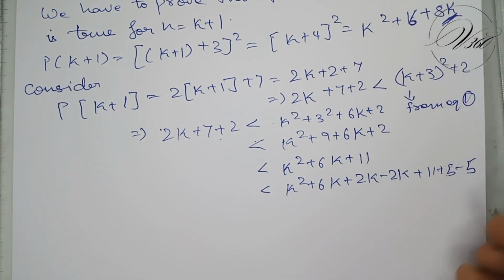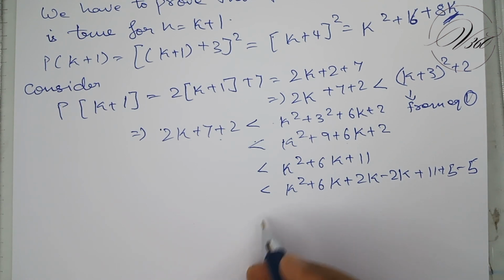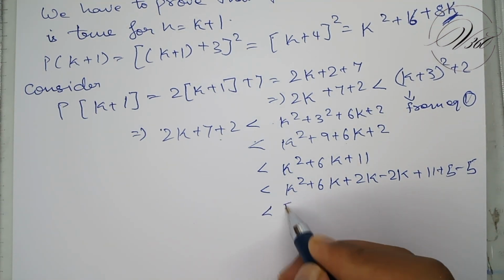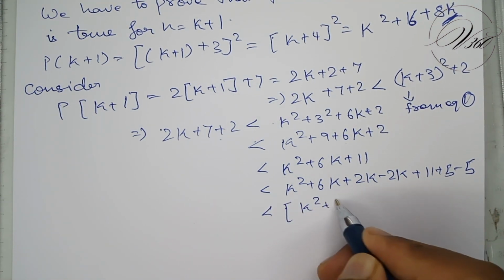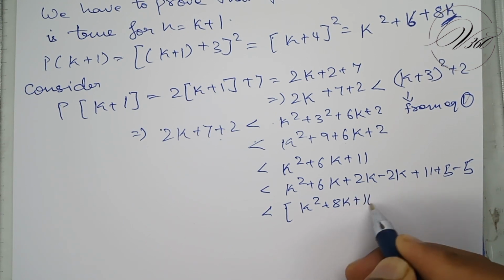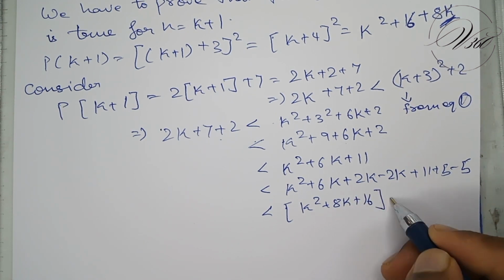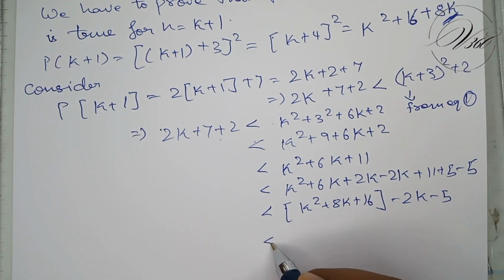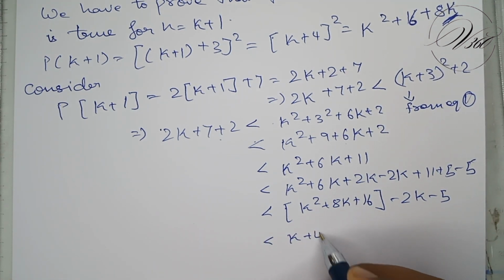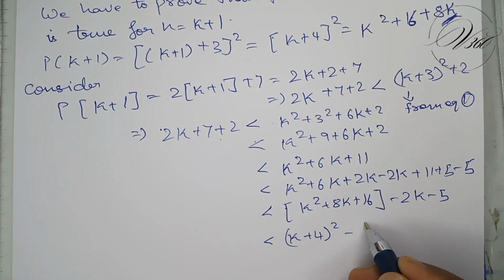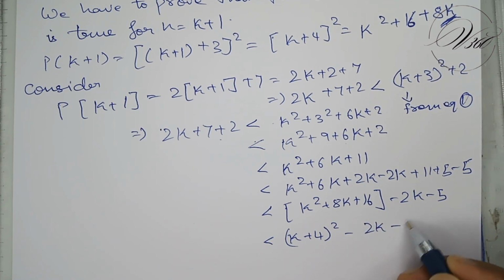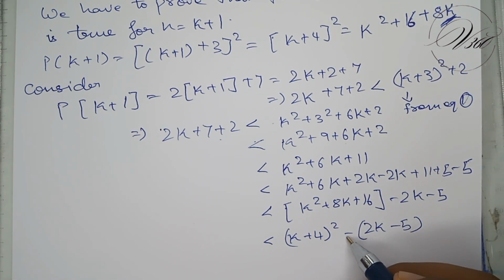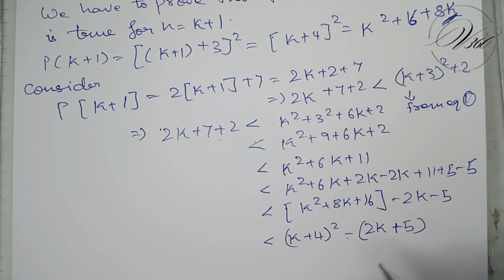We can write like this, no? Now it is smaller than k square plus 8k plus 16 minus 2k minus 5. Now (k plus 4) whole square minus 2k minus 5. Here we have written minus, so here plus, okay, plus 5.